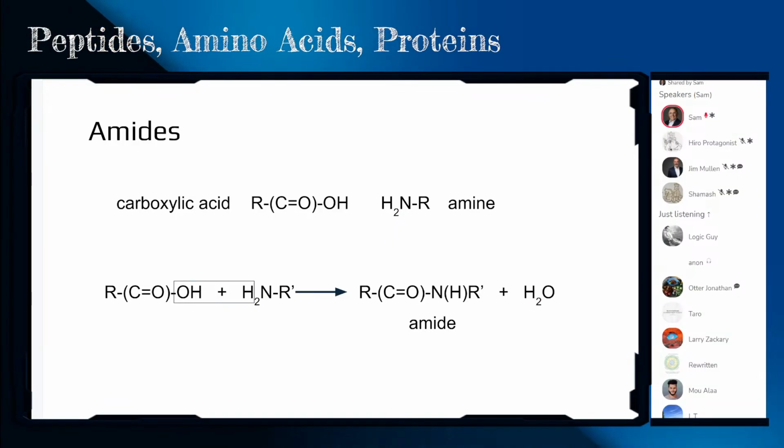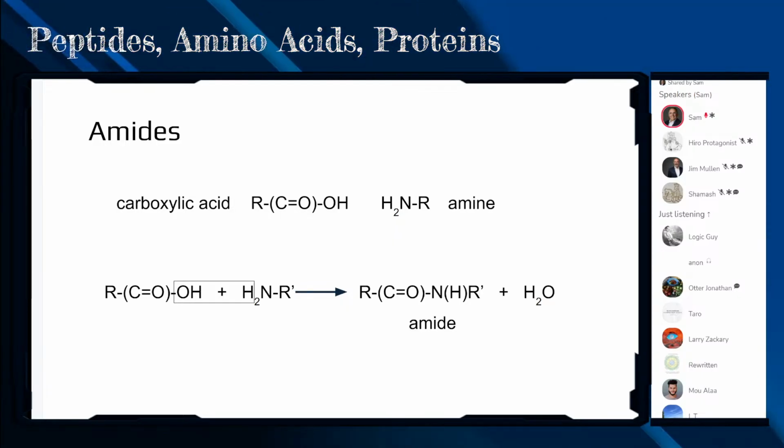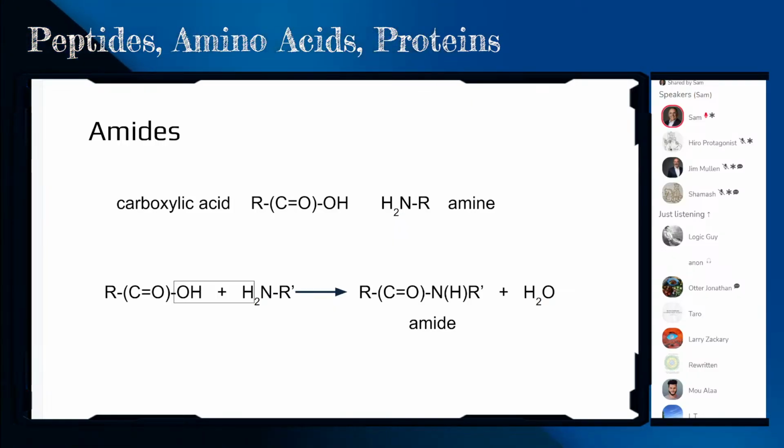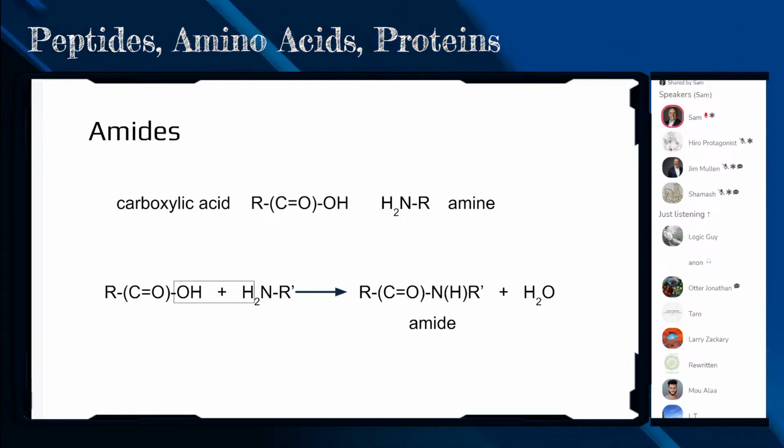One has a carboxylic acid on the right, and the other one has an amino group on the left. Well, these two can react and form an amide. This is called a condensation reaction.